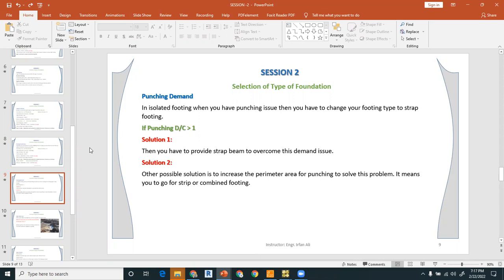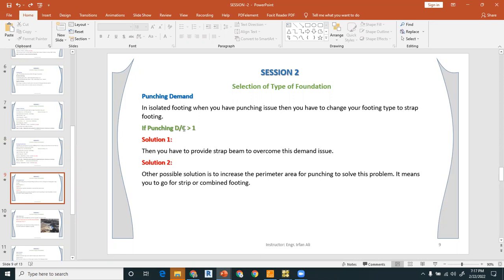And in case of the raft, if you are restricted to use, for example, a 30 inch raft, you cannot increase the thickness of the raft, but there is no need to provide a strap beam in the raft. You have to design an integral beam, which we will be doing in the design of the raft. We will design an integral beam for the raft as well in this course, right?